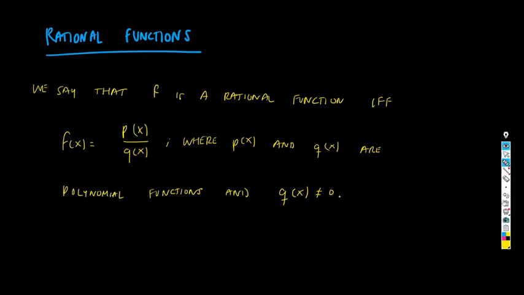Definitions always sound more complicated than what they really are. So basically, what are rational functions? I'm going to give you examples. It's basically the division of two polynomials, and by now you should know what polynomials are because you have been working with them since first semester.